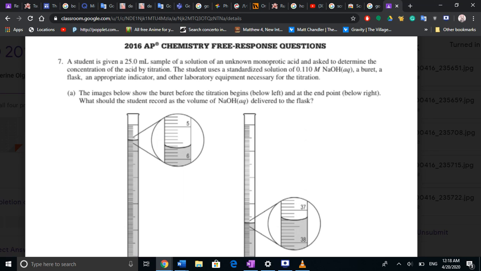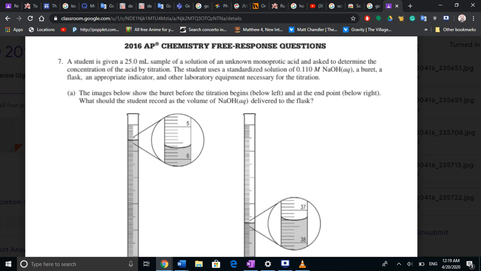They're giving us a diagram with two graduated cylinders, and the image shows one before titration occurs and one after. Now, what should the student record as the volume of NaOH delivered to the flask?